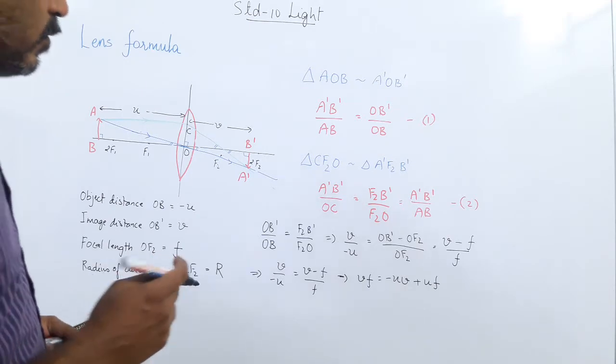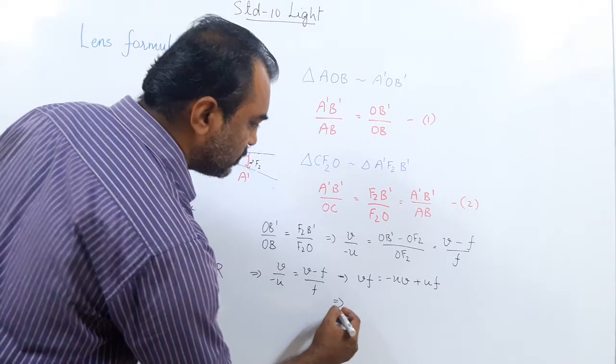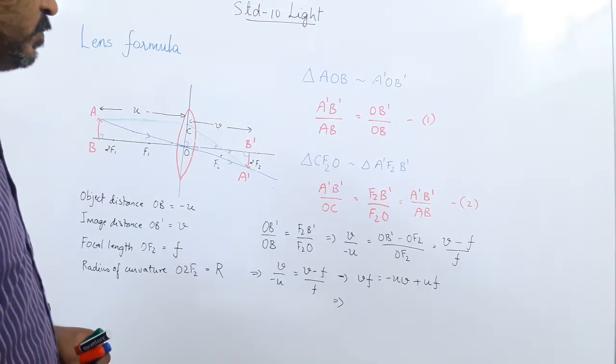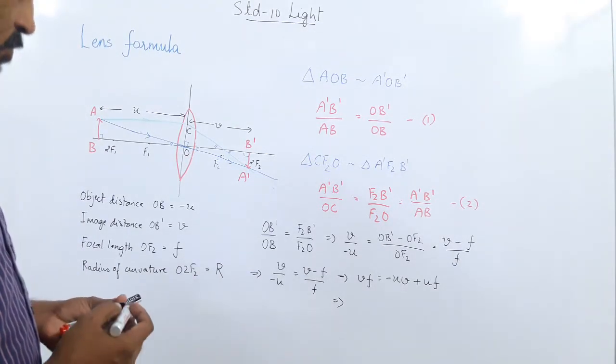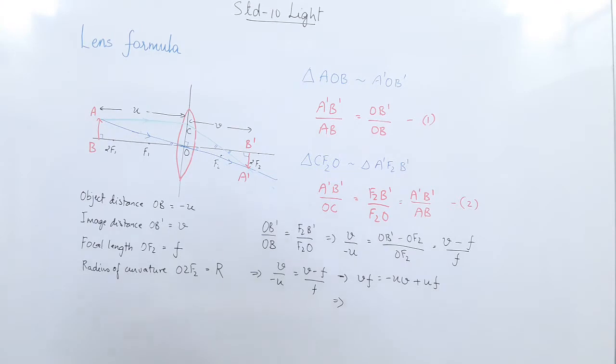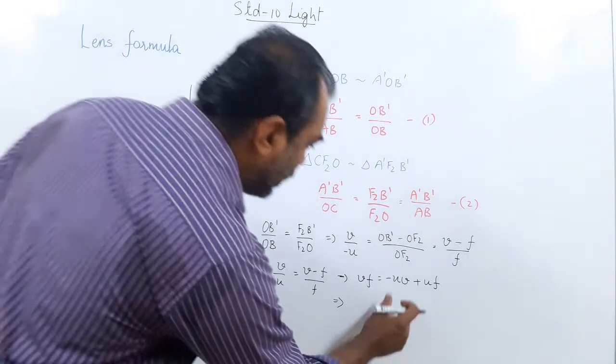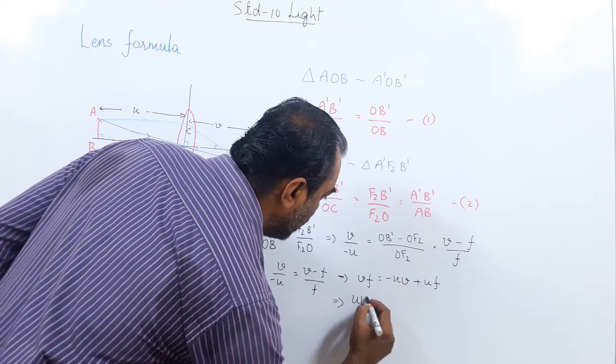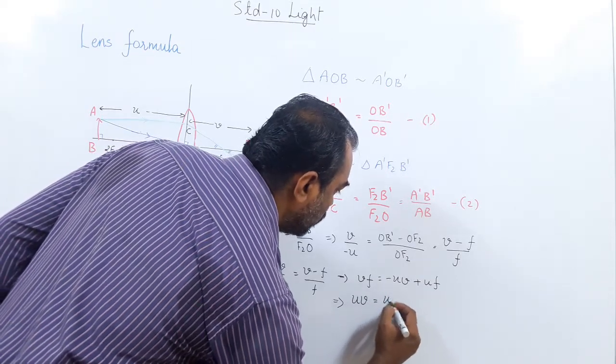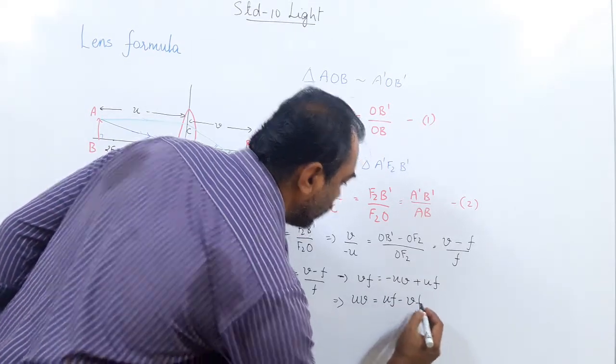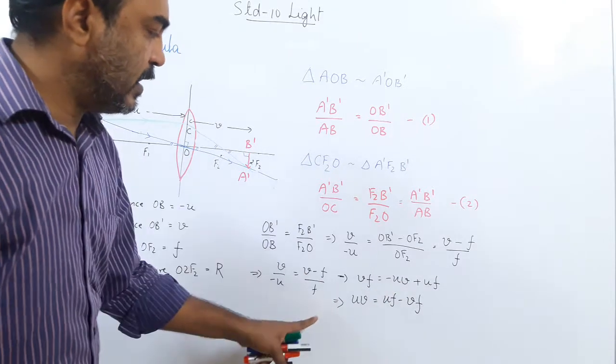So what will we get now if we rearrange this? Is it clear till here? Now we will rearrange it. Can you solve it further now? So if we rearrange, we get UV on this side: UV equal to VF minus UF.